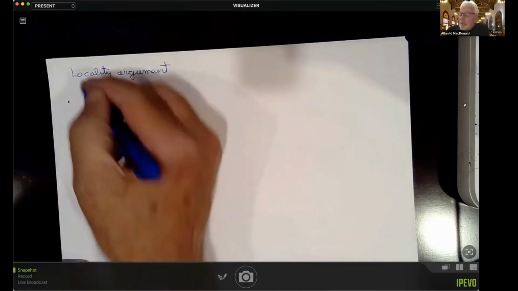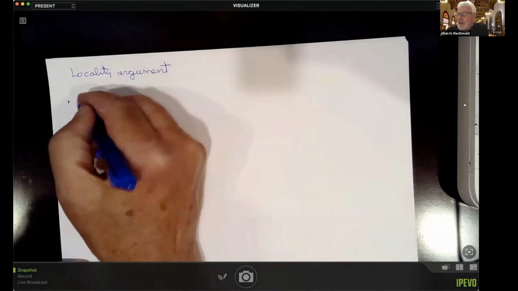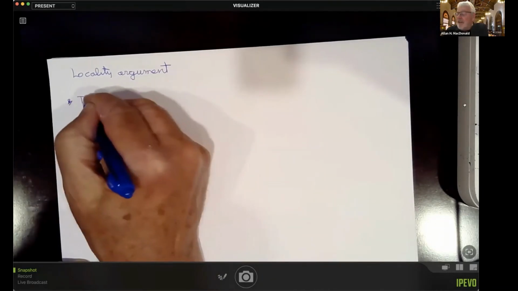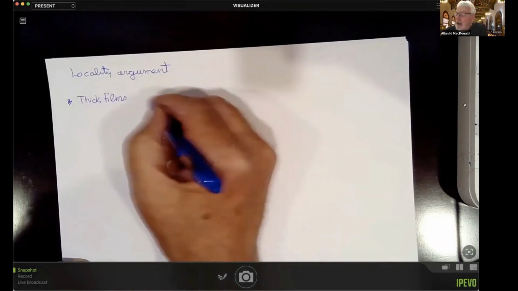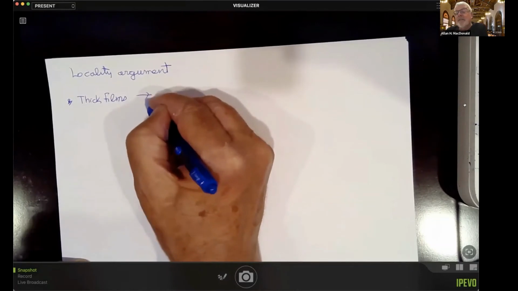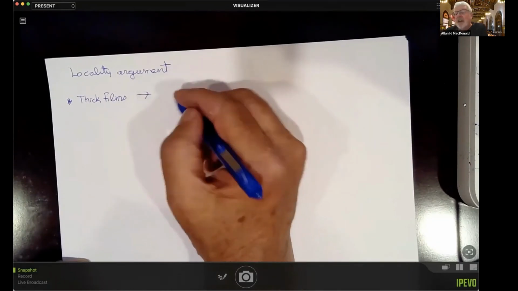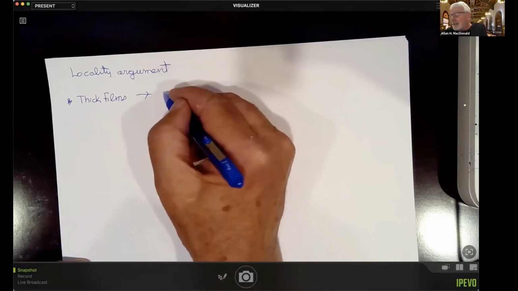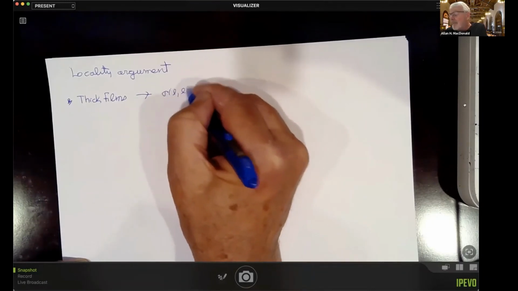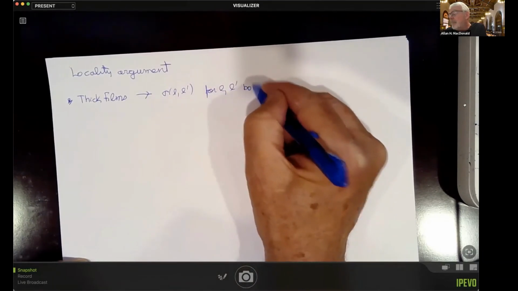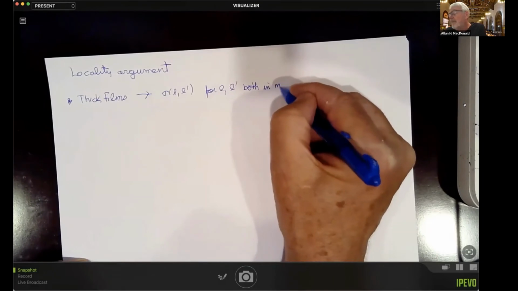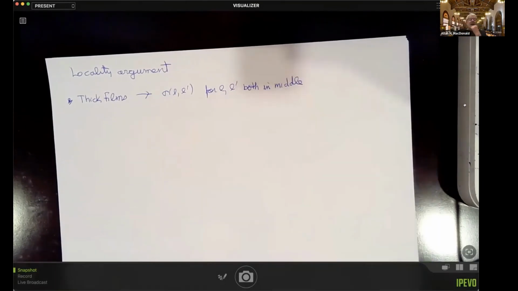So for example, if I have thick films, then in the middle of a thick film, there's no broken time reversal. And this quantity will go to 0.